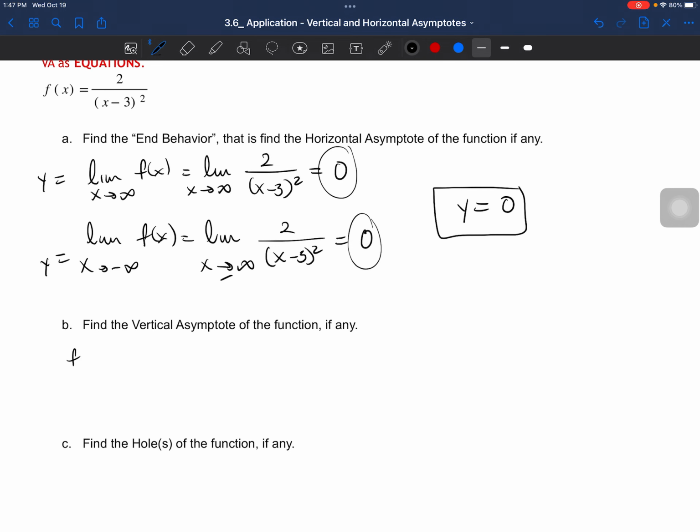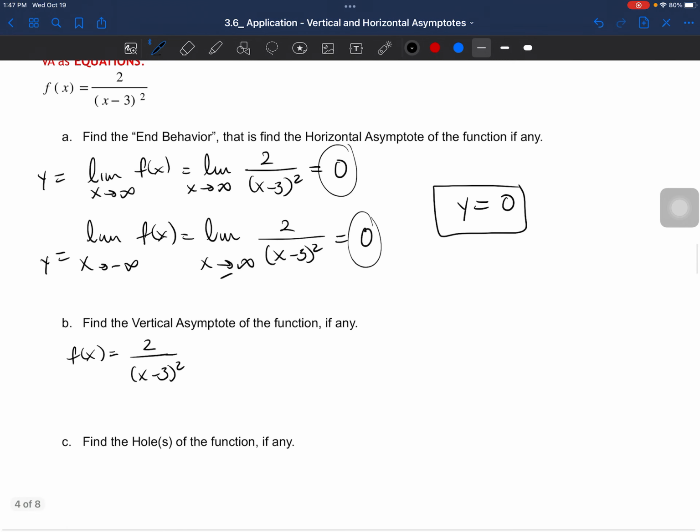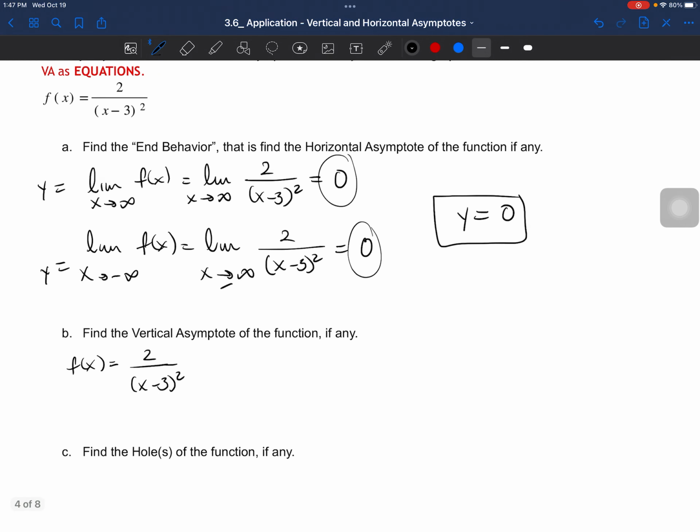There you go. Let's try the vertical asymptote. We're going to approach it in a different way. We're just trying to find where this vertical asymptote is. To find the location of the vertical asymptote, what we need to do is take the denominator and determine when it is equal to 0.